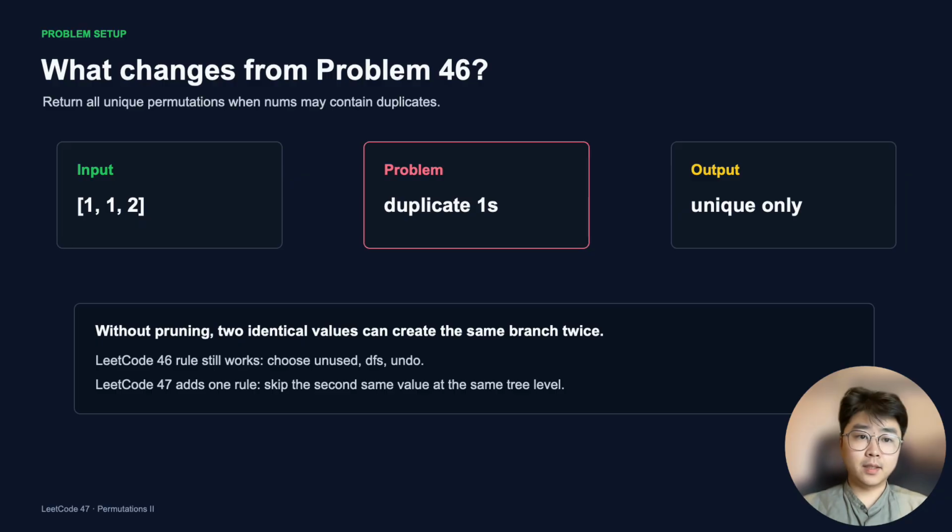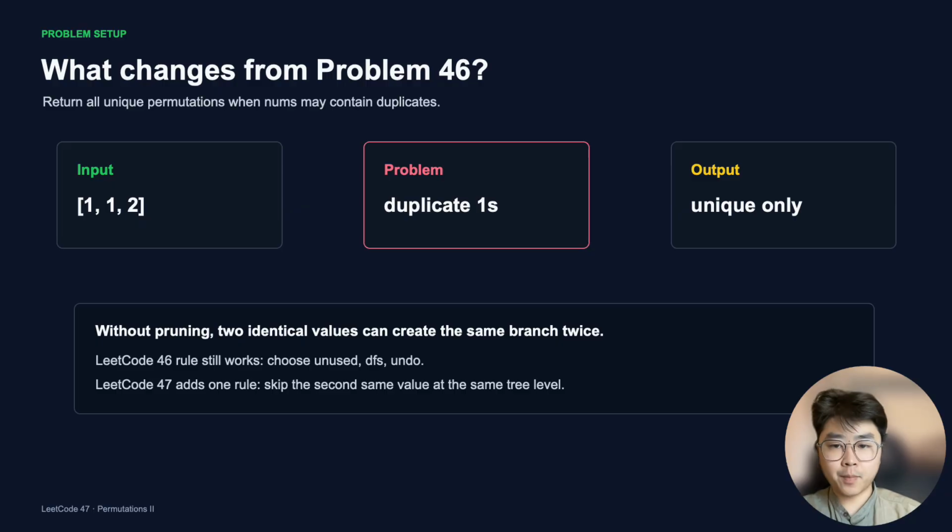But in this question, the array may contain repeated values, such as 1, 1, and 2. The two ones occupy different indices, and they are equal in value. If we treat them as completely different choices, we generate the same permutation multiple times.